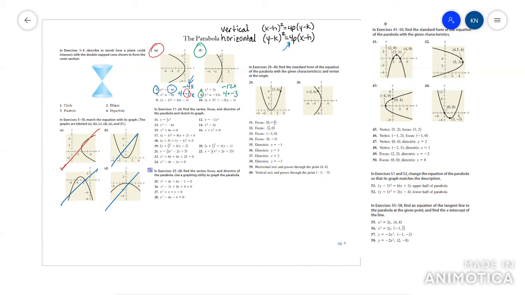See how this p-value now is negative 3? That means the distance to the focus is going to be 3, not just 1 like it was here. So it's going to open up, kind of. I hope that made sense.